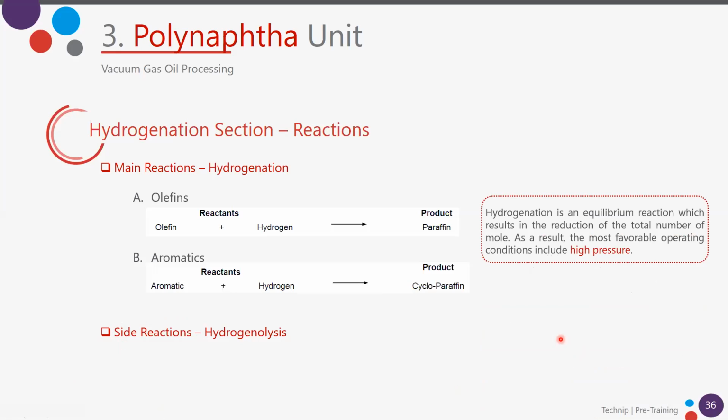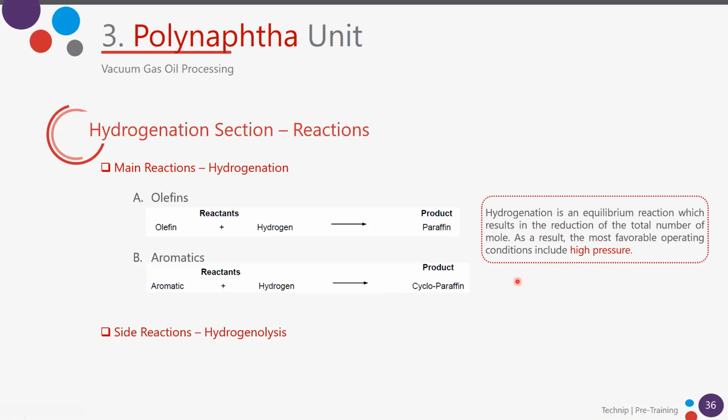Let's read first what it says about the main reactions. The hydrogenation is an equilibrium reaction which results in the reduction of the total number of moles. As a result, the most favorable operating conditions include high pressure.